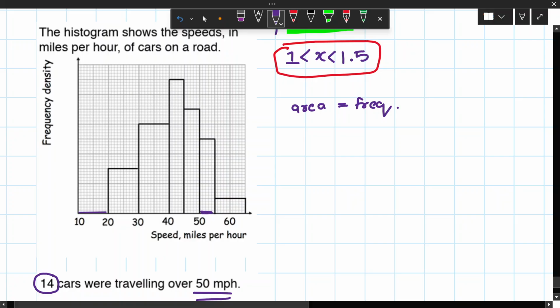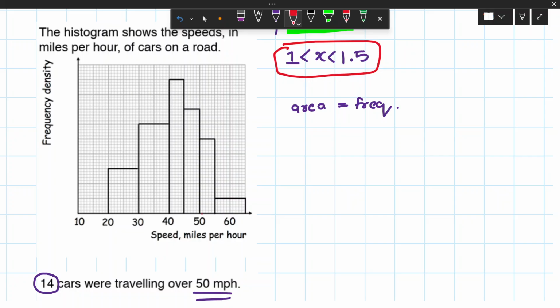So this right here, maybe I should use a different color, is half a box. If it is half a box, I know the base of that rectangle is 5. Now, I do not know anything about the height of that rectangle. So I'm going to assume it is 1 box, 2, 3, 4, and 5.